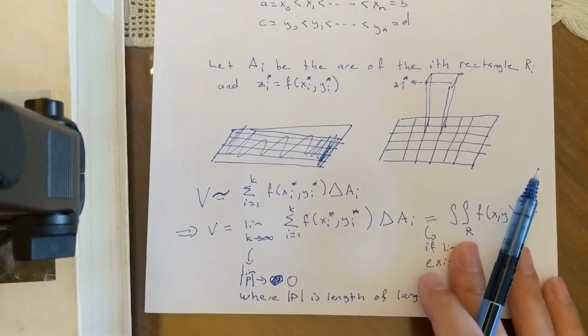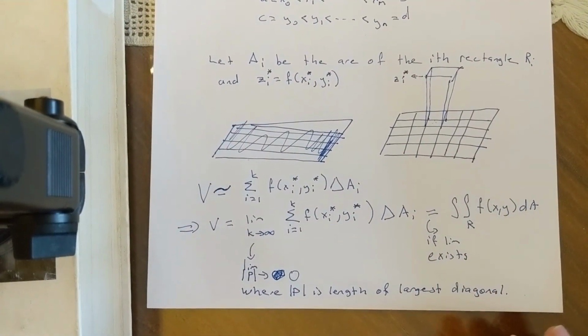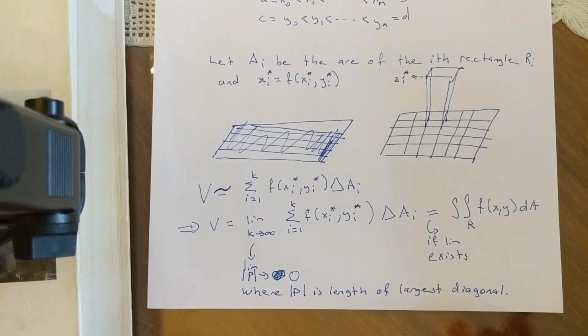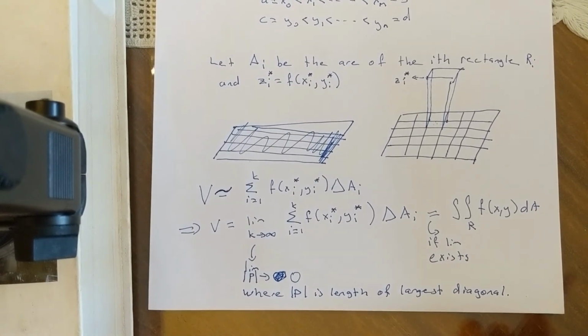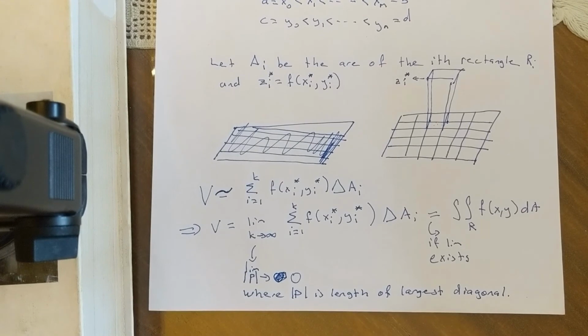Well, the pieces don't have to be equal. What we'd like to say is, as long as the area of the largest rectangle goes to 0, we're good. Then you must get infinitely many rectangles.